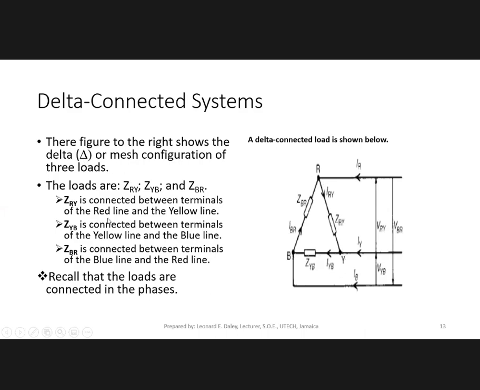Now the loads in the delta connected system are ZRY, ZYB, and ZBR, and the loads are connected in between two line terminals. ZRY is connected between the red line and the yellow line. ZYB is connected between the yellow line and the blue line. And ZBR is connected between the blue line and the red line.